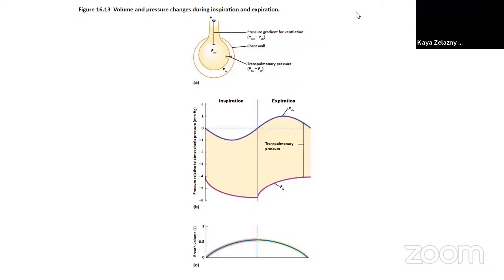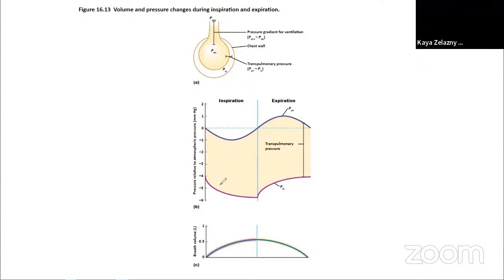So here's the same image from before, more or less, except we've added what's going on with the pressure in the intrapleural space.